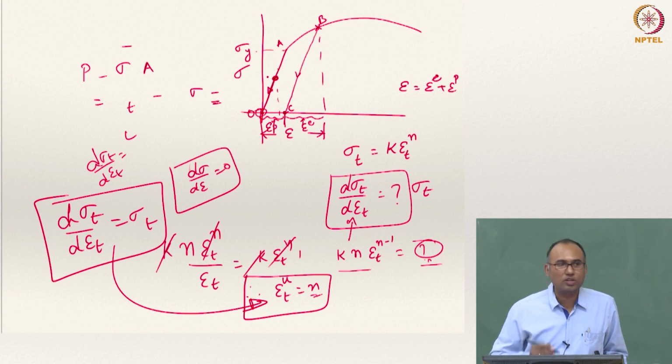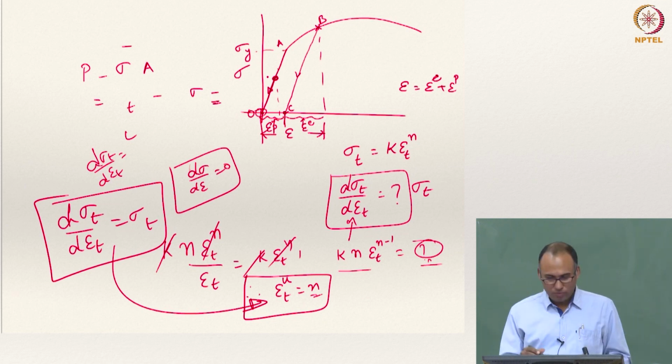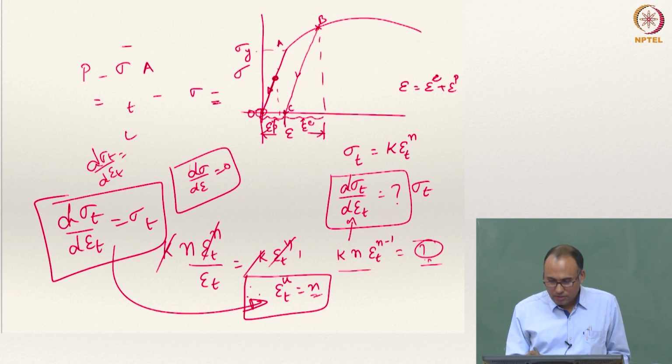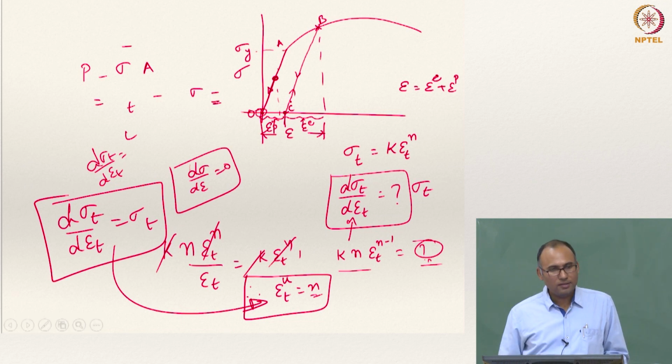So now I have unloaded, I had my tea and then come back. Now if I start to reload the machine, the sample which is unloaded up to here, now I am doing the experiment again. How will it start loading now? Along the same line, okay, and it will go up to, what will be the yield strength of this material?